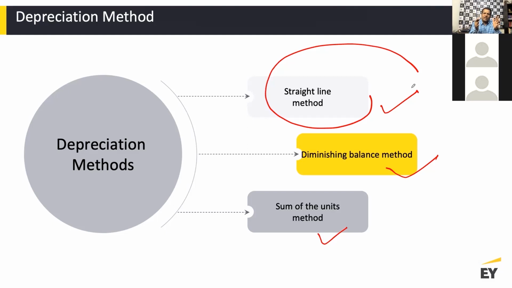You have to look at the method of depreciation with respect to those 6 parameters which I explained to you, which is to say how you're going to use the asset, what is the expected usage of the asset, what is the wear and tear of the asset, what is the technological or commercial obsolescence of the asset, what is my own expected view on the life over which I'm going to use this, and is there any legal or contractual restriction on this asset.